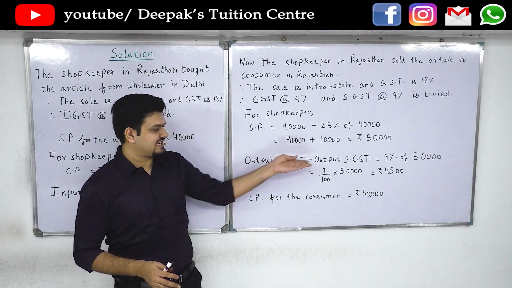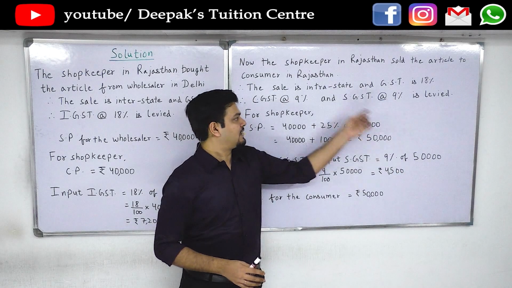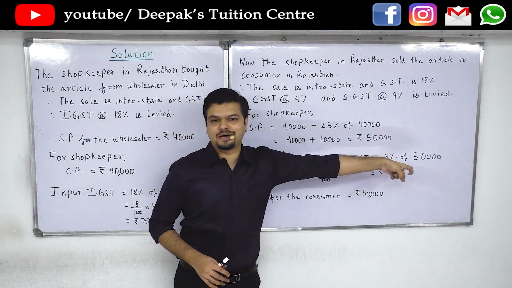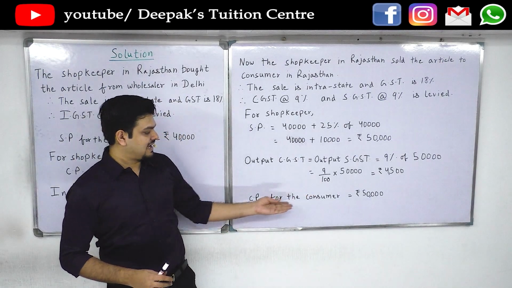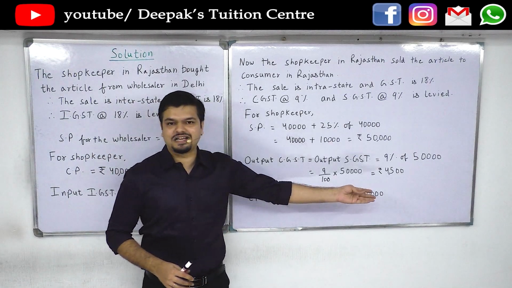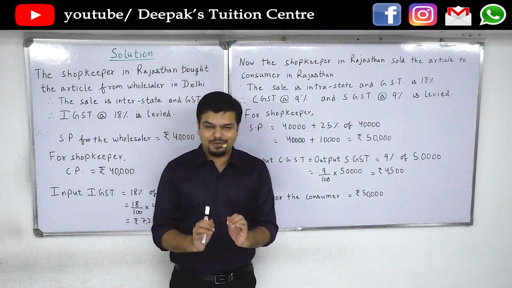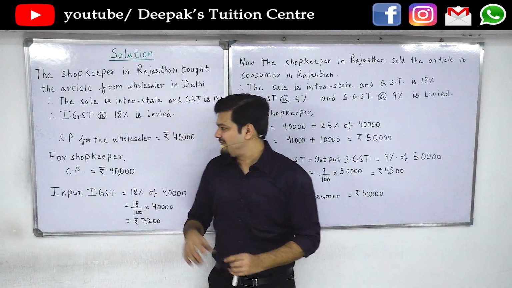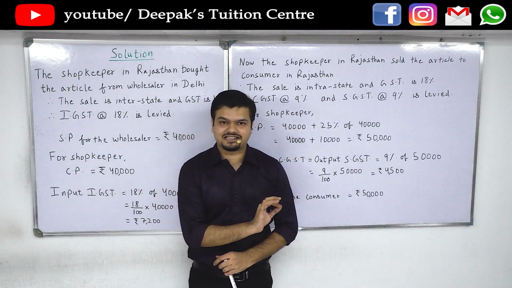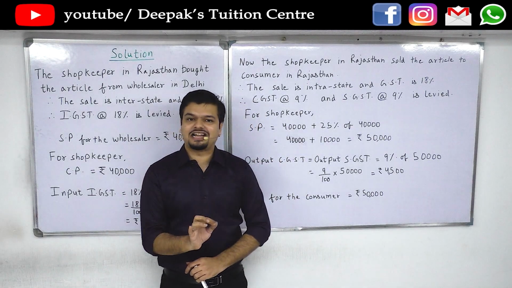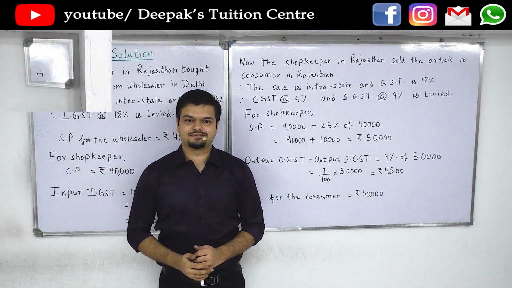Here, output CGST and output SGST, which will both be equal, will be equal to 9% of 50,000. That is 4,500. And obviously, the cost price of the consumer is rupees 50,000. Again, reinstating the basic fact that whenever we write SP or CP, it is always exclusive of tax. If you want to include tax, you will have to write selling price inclusive of tax.